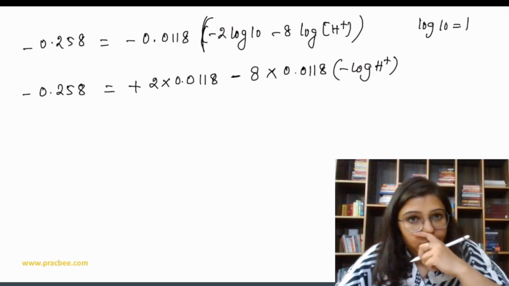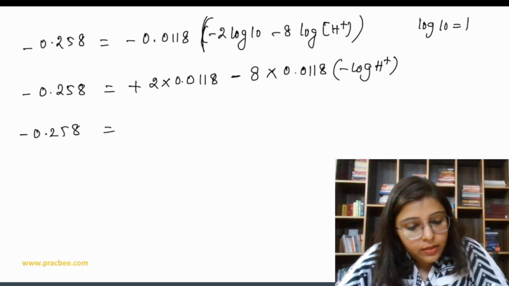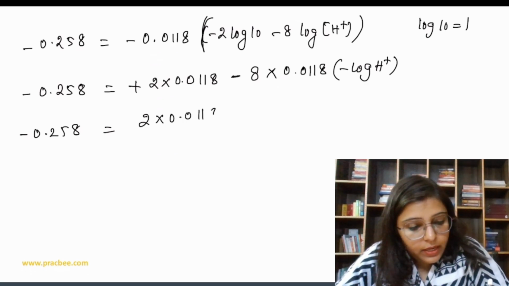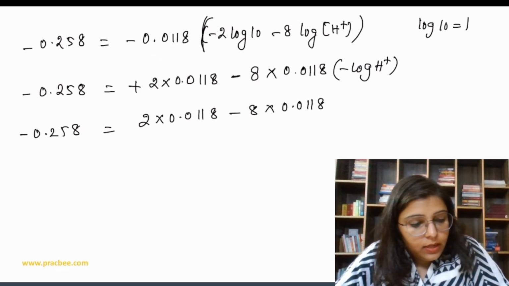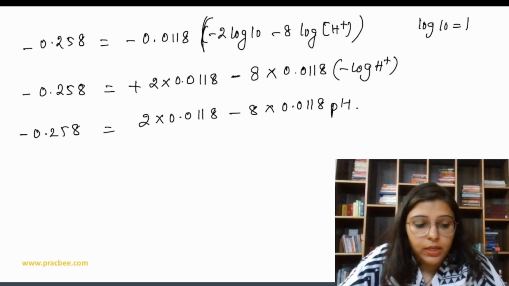So minus log H plus is equal to pH. So minus 0.258 plus we get something. Okay? And 2 into 0.0118 minus 8 into 0.0118, and this is going to be the pH.